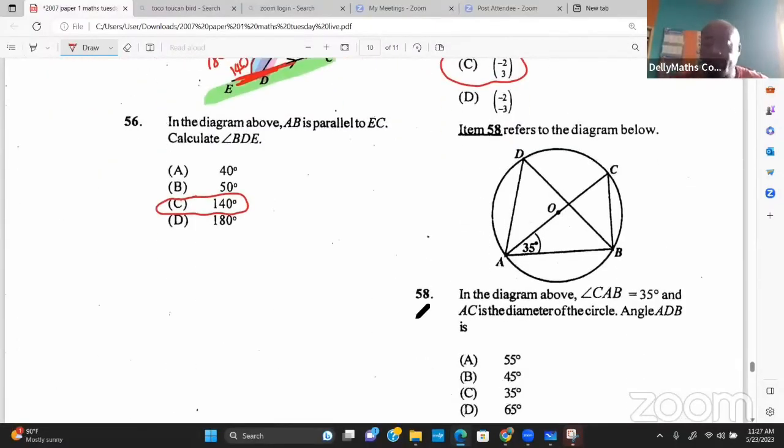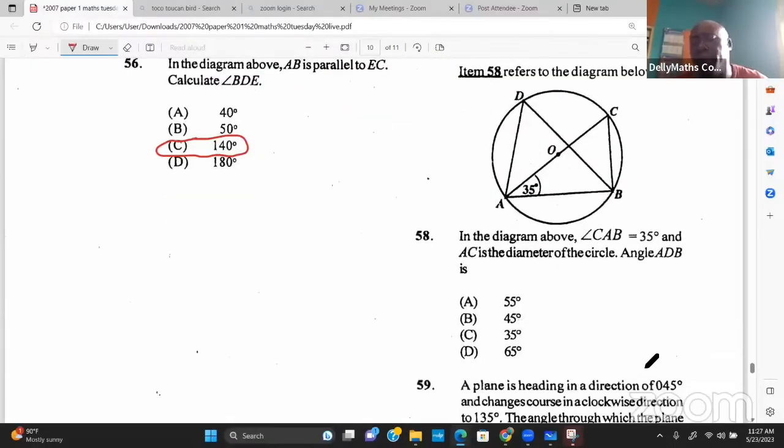58, we're coming down. It says 58 refers to the diagram. It says in the diagram above, CAB is 35. And AC is the diameter of the circle. They want us to find angle ADB.